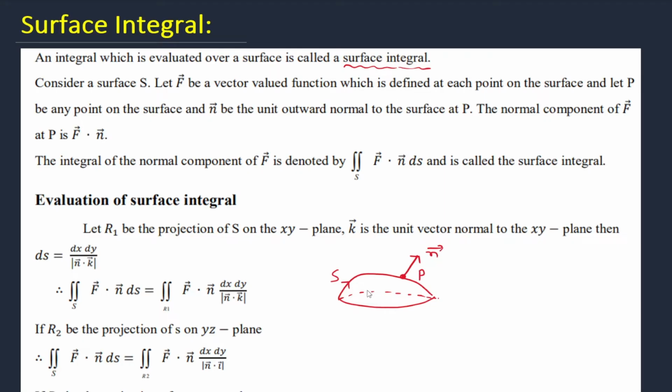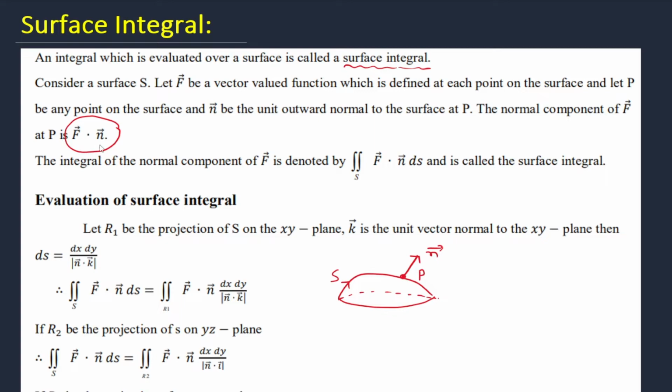Now because at each point on the surface the vector valued function is F bar, any force has two components, right? One is along the tangential direction, another one is along the normal direction. If we want to find the normal component of F bar, that is nothing but F bar dot N bar.